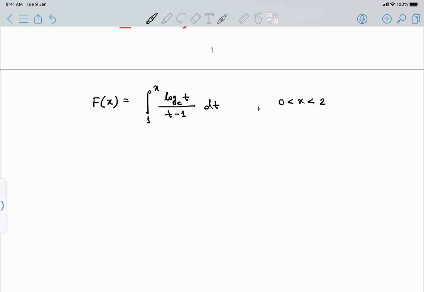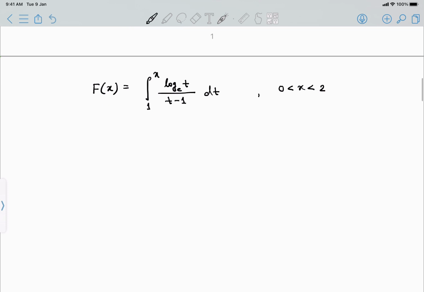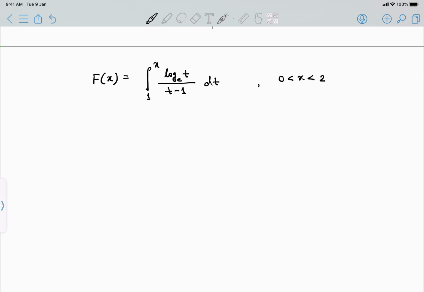But computing the derivative 5 times will be cumbersome, not easy. So we'll use the log. We can expand it in terms of a power series. We know the expansion of log, that we can use.